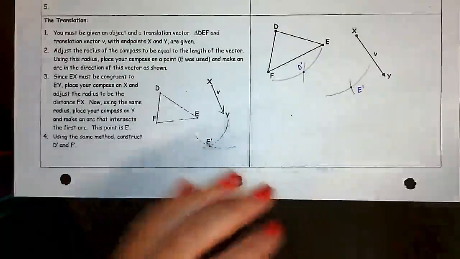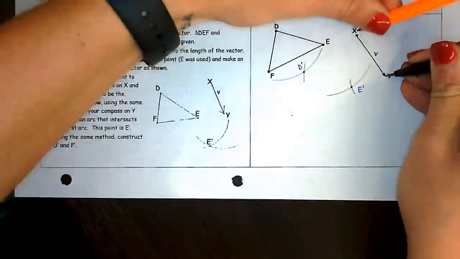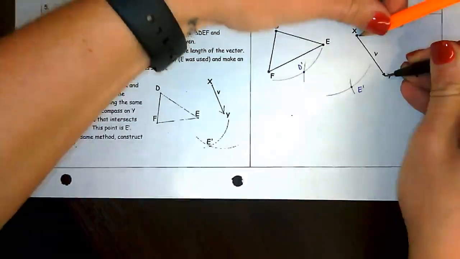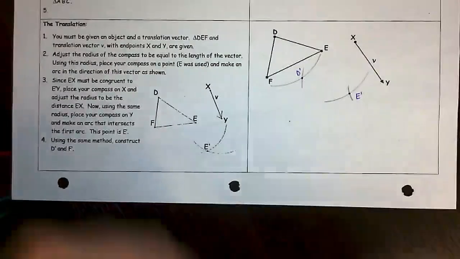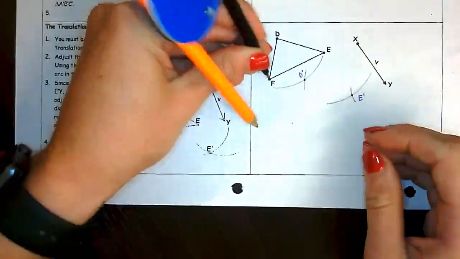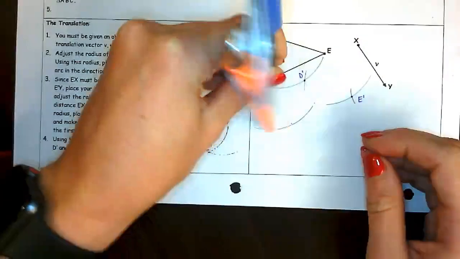Okay, we're going to repeat this process one last time. Adjust your compass width to be that exact length of the vector. Okay, once you have that adjusted, we can then build off of the next coordinate. Okay, remember this arc needs to go in the direction of the vector.